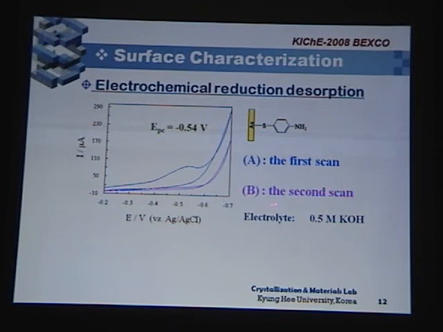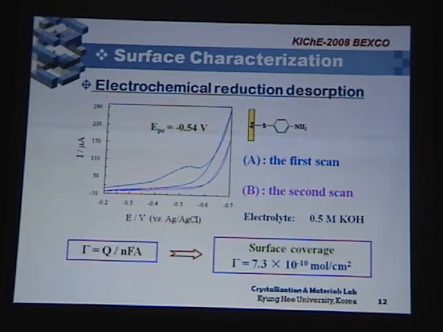During the successive second scan, we can see that this peak almost totally disappeared, meaning that most of the ATP on the gold sensor surface was desorbed from the sensor surface during the first scan. So, according to the electrochemical principle, we can calculate a surface coverage of about 0.73 nanomole per square centimeter. And this result is similar to the results obtained by the QCM detection method.